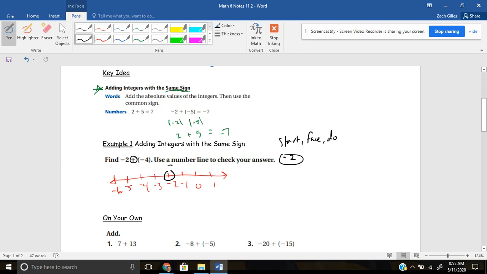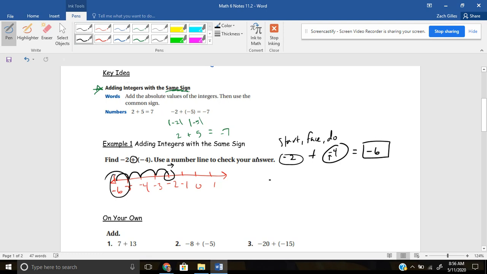Then do, so I'm adding, and what's my next number? My next number is negative 4. So I need to take 4 steps, but in the backward direction since it's negative. So 1, 2, 3, 4 backwards puts me at negative 6. So negative 2 plus negative 4 would equal negative 6.